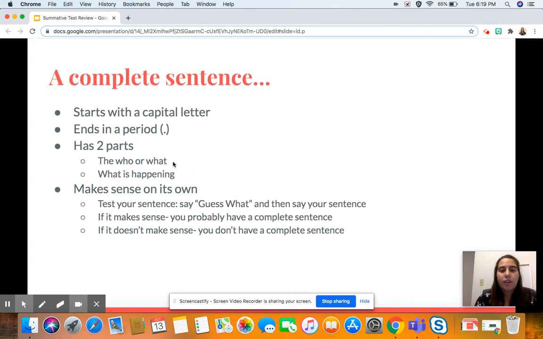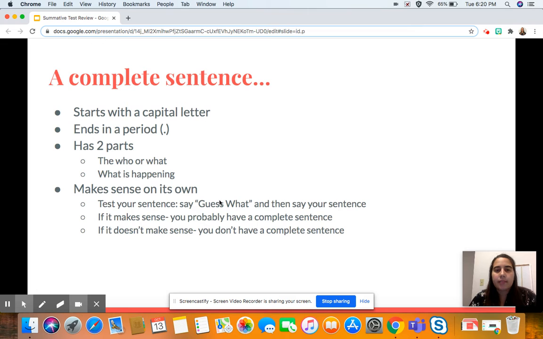A way you can test to see if it has those two parts is making sure the sentence makes sense by itself. That means just looking at that individual sentence. You can test your sentence by doing the guess what test. Pretend someone said guess what, and then say your sentence and see if it makes sense.